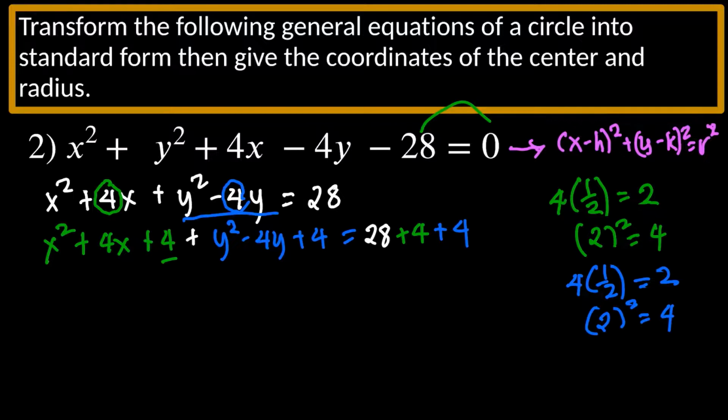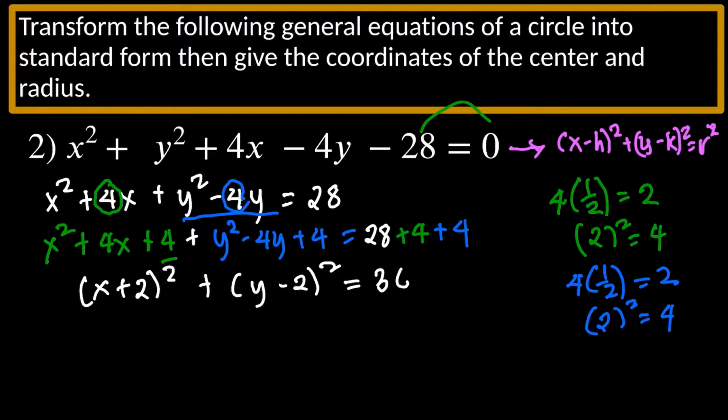We added 4 plus 4 here at the right side to keep the equation balanced. Now, this one is a perfect square trinomial, and you can write that as (x + 2)² + (y - 2)² equals, so we have here 28 plus 8, that will give us 36.